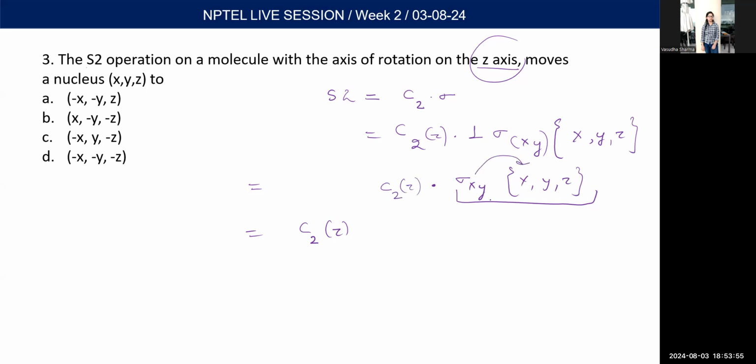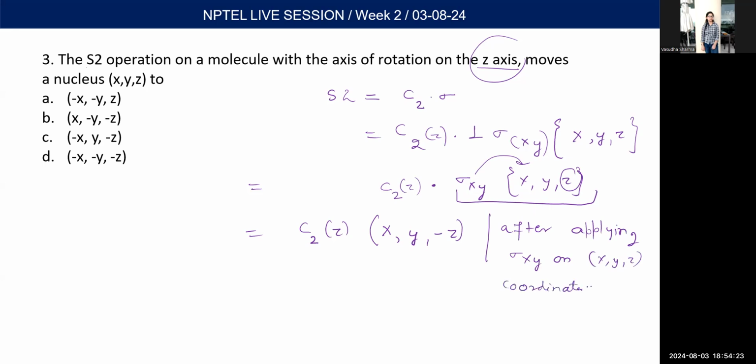Sigma xy on xyz is not going to change anything about x and y because that is the plane containing the axis. Only the z would get reflected to minus z, and we would end up having x, y, minus z after applying sigma xy on the xyz coordinates. So z goes to minus z.